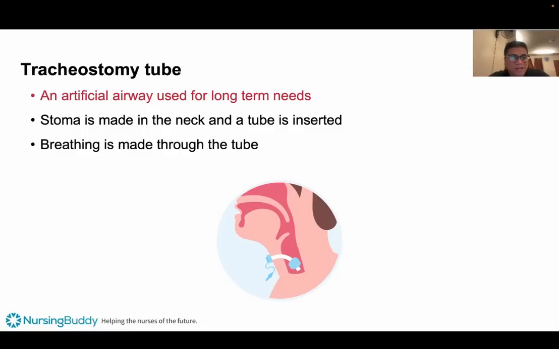So it is where a stoma, okay, that's why we call it ostomy. There's a surgical incision. Okay, so we've made here an ostomy. Yan, stoma, and we call it stoma. It is made in the neck and the tube is inserted. Okay? So, it is in this tube wherein breathing is made.